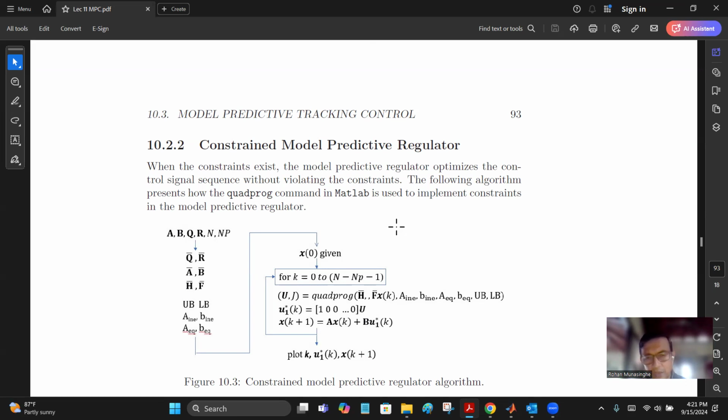Here also, the discrete time optimal control took a lot of time and effort to develop, but it had very limited use because it is offline. Then with a little tweak in the process, we convert it into what is called model predictive control, which has a very wide range of applications.